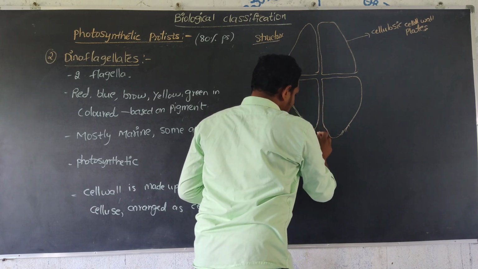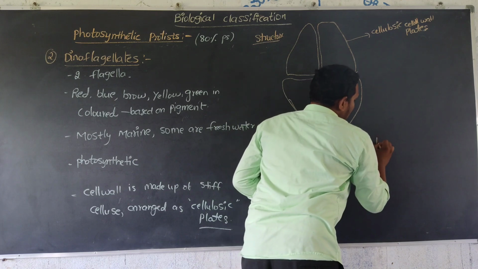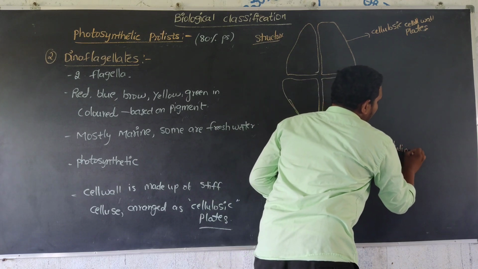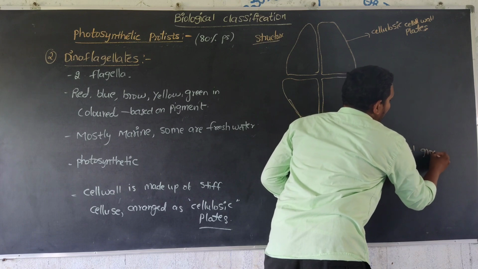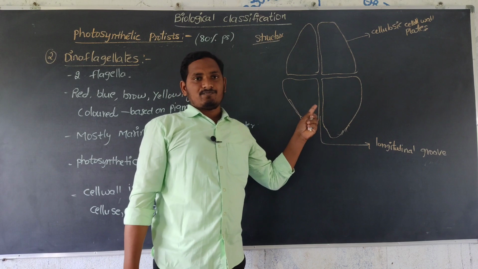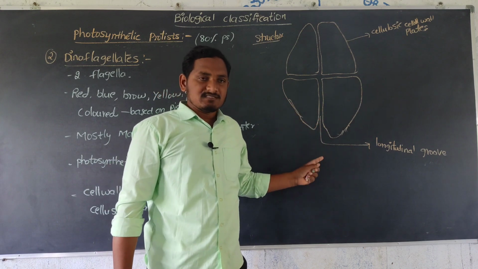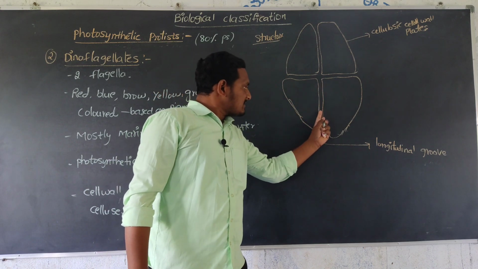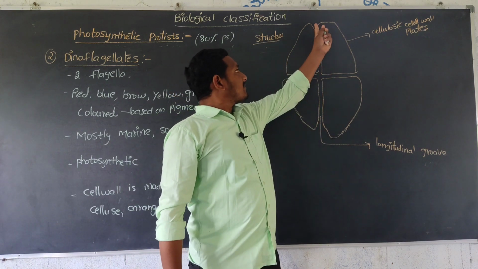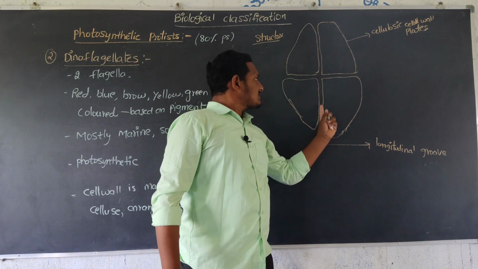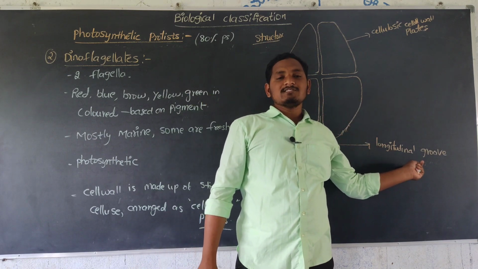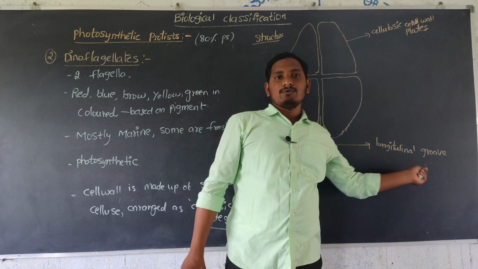This space is called the longitudinal groove. Between the 4 cellulosic stiff plates the space is present, and from top to bottom that space is the longitudinal groove.